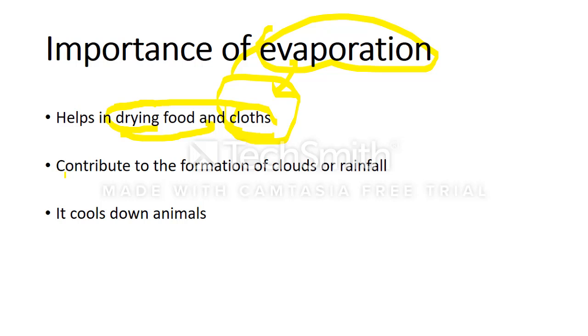Another importance of evaporation is that it contributes to the formation of clouds and rainfall. Nowadays we are having so much rainfall each and every day. But this rainfall is not just coming out of nothing.